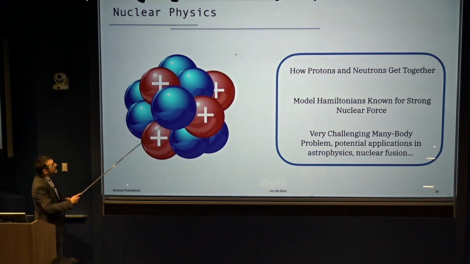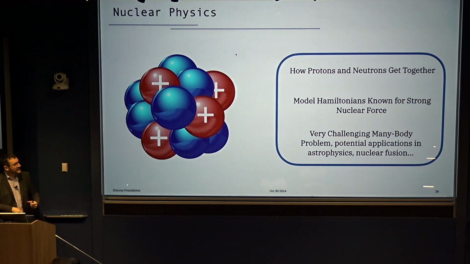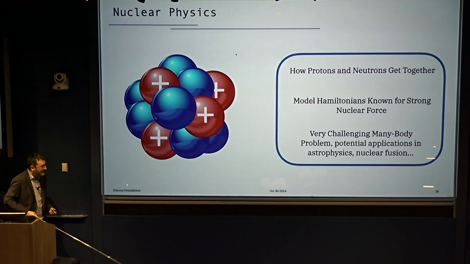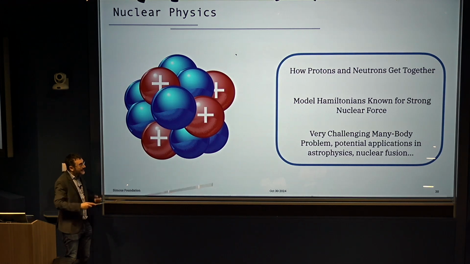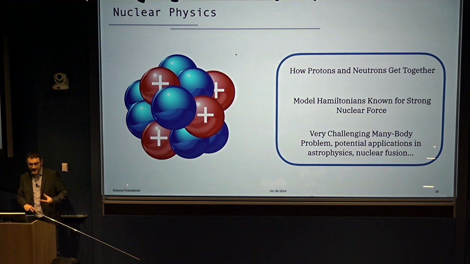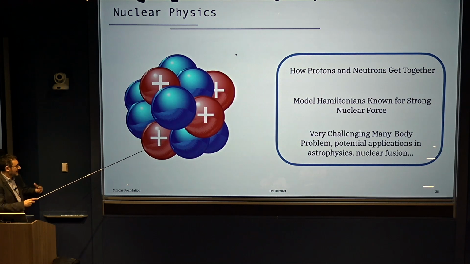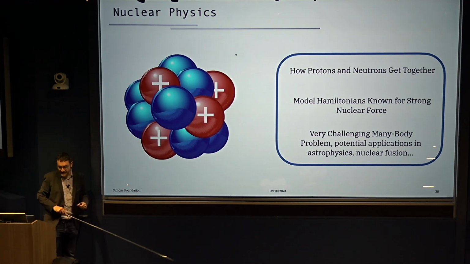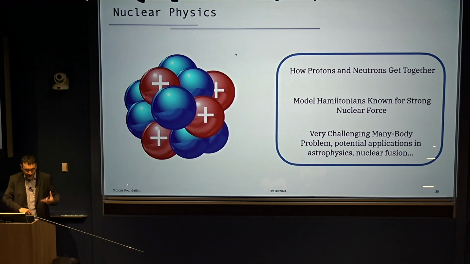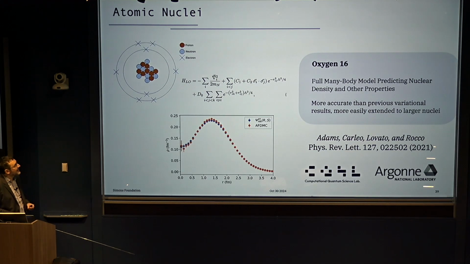What we want to do here is to study essentially how protons and neutrons get along together and how they give rise to matter as we know it, to the stability of matter as we know it. This is itself a very challenging many-body problem, of a slightly different type than those found with electrons, but still described, in some limit, by the same equations. So we can hope to solve it also with the same techniques that we developed for electrons.